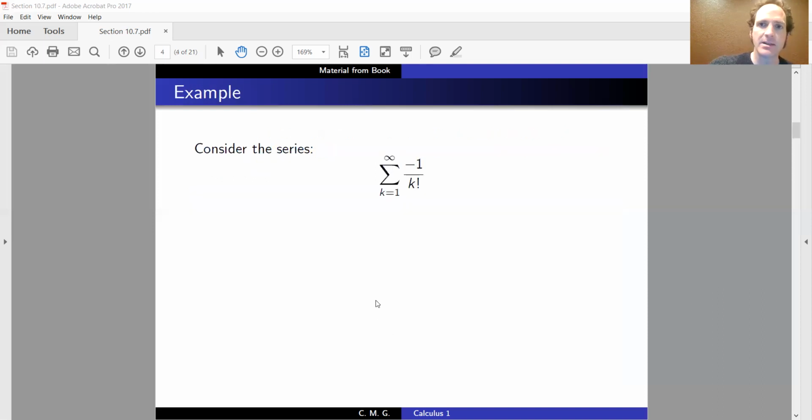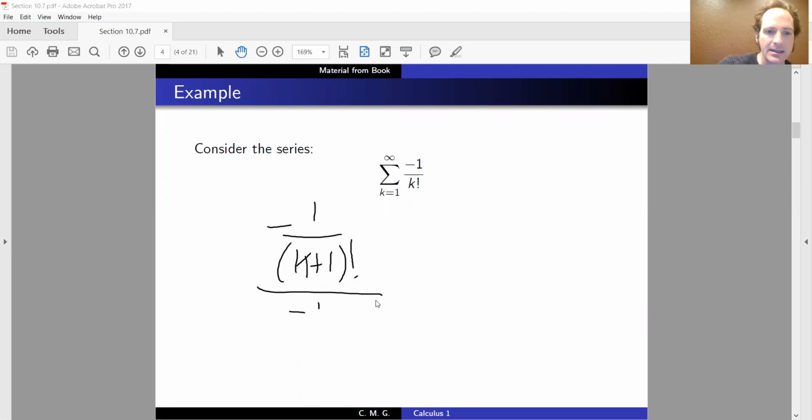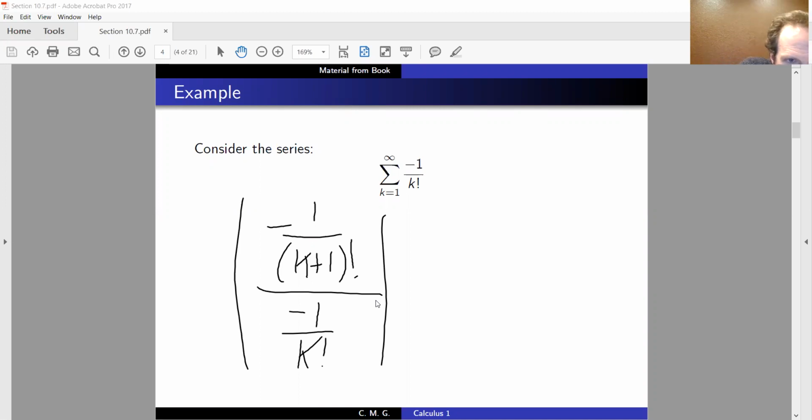The k plus 1 term is negative 1 over k plus 1 factorial. I want to divide that by negative 1 over k factorial. So the k plus 1 term over the k term, I take the absolute value of that, and then I want to do the limit of this thing as k goes to infinity.